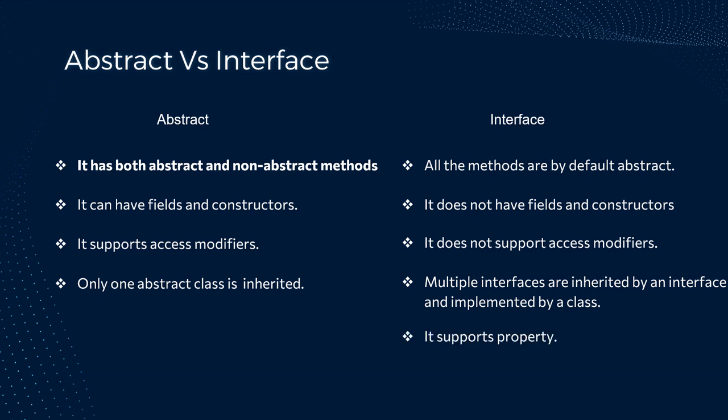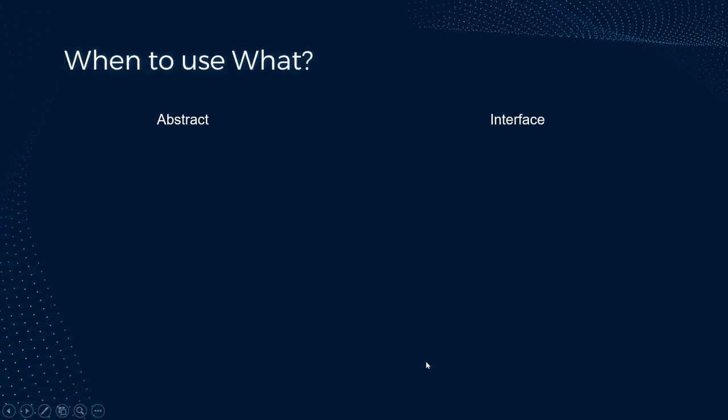But when to use what, right? That we also look at. So here you can see abstract class and interface and when to use what. When you have shared functionality across classes, let's say you want some common things that must be there for all the classes that inherit the abstract class, that is the shared functionality basically.